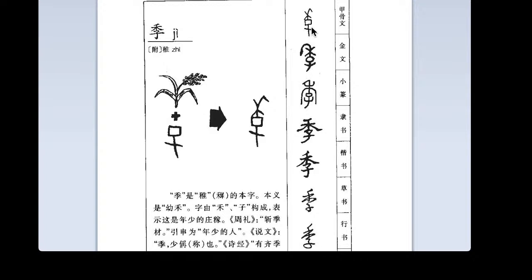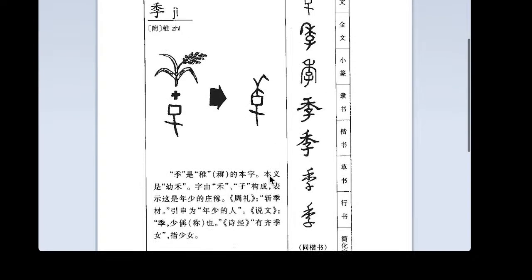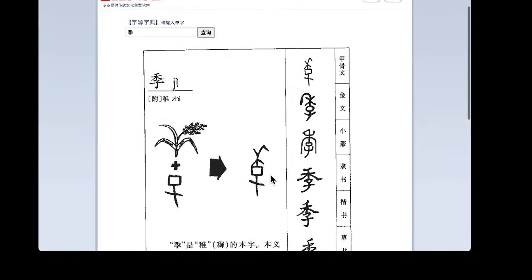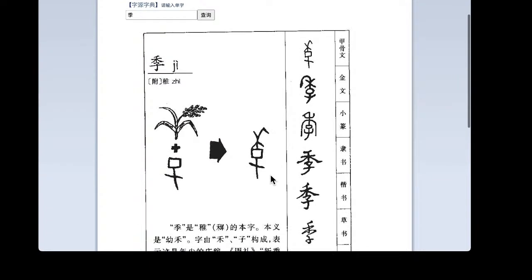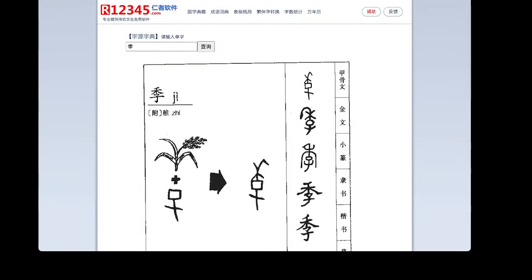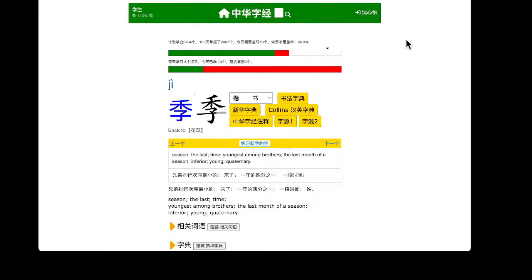So they use that infant plus the 禾 on the top to mean a young baby. Okay, and then later on it means a young person. Now later on it means the last. Okay, so the meaning got changed over time, and later referring to a quarter, and referring to season, things like that. Okay, so this is 季.